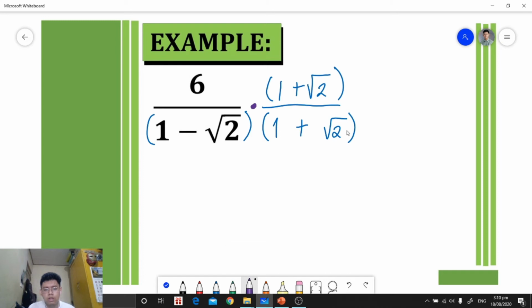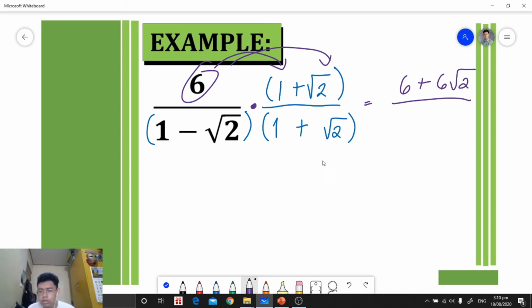Now we will multiply our given. We apply distributive property for the numerator. So we will have 6 plus 6 square root of 2. And for the denominator, since we're multiplying conjugates, we will do the shortcut. So copy the first term and then square it, minus copy the second term and then square it.